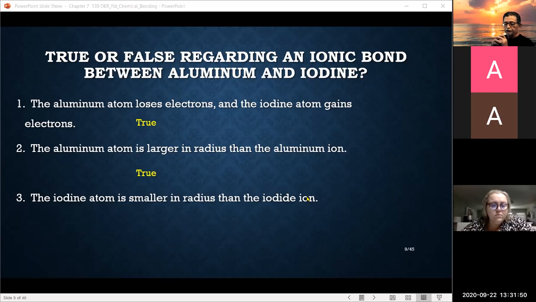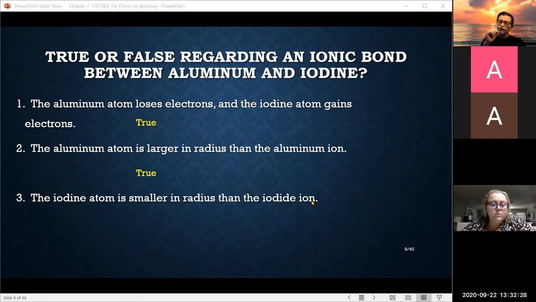The iodine atom is smaller in radius than the iodide ion. Is that a true statement or false? Who wants to take that one? Would that be false? That'd be false. Let's think it through. The iodine atom is smaller in radius than the iodide ion.